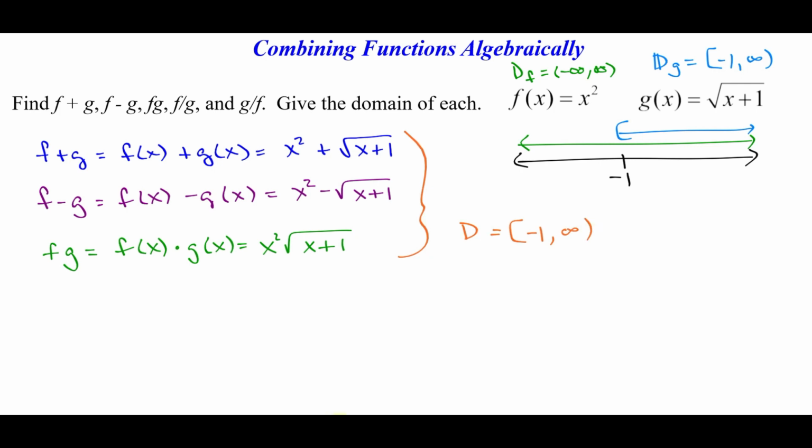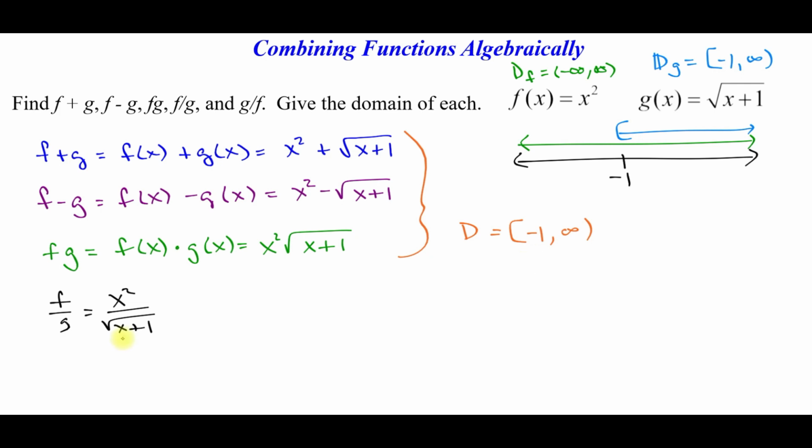Now when we start looking at division, we have to be a little bit more careful. So if we do f over g, we're going to get x squared over the square root of x plus 1. So here we're going to start with this same domain of the combined functions, so -1 to positive infinity. Then we have to think about what's going to make the denominator 0.